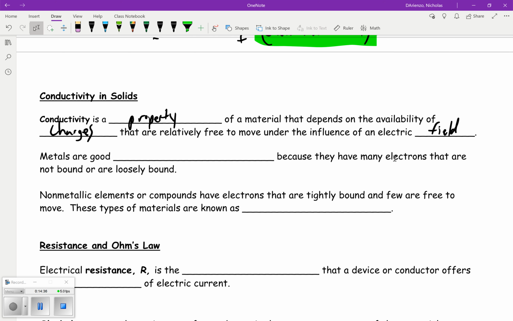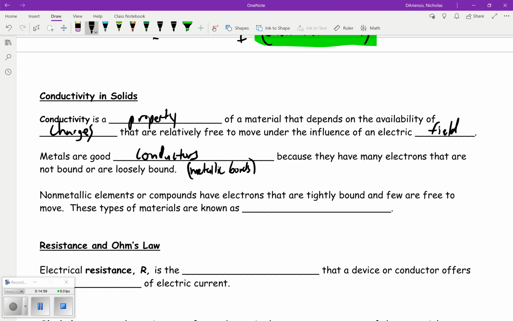Now, metals we know are good conductors because they have a lot of electrons that are not bound at all or are very loosely bound. Remember, they are bound by metallic bonds, which allow electrons to be freely shared. So that makes metals good conductors.